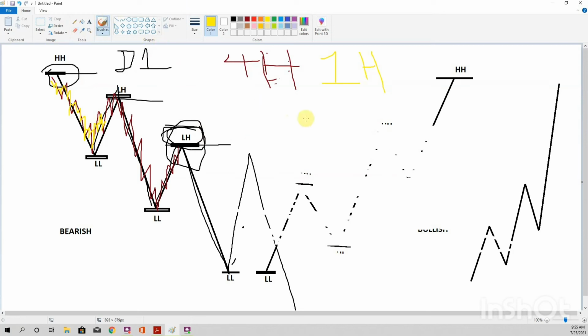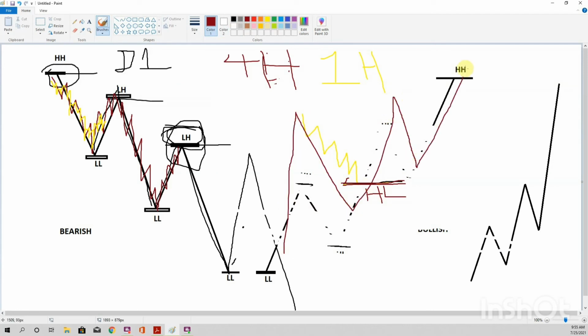So on the 1 hour, this is what we have, right? And here, it's a 4 hour higher low, right? Remember, on the 4 hour, this is the trend. It's bullish, right?